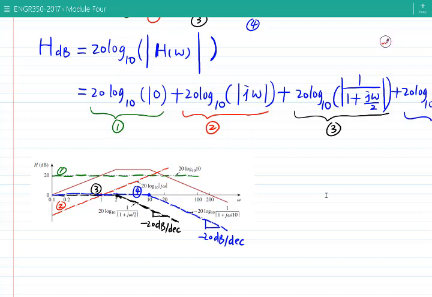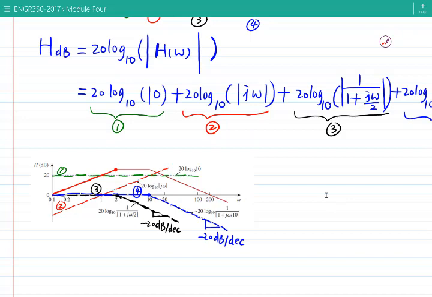So factor number 1 plus factor number 2, we start from here and move upward until we reach the first corner frequency, omega equal to 2.